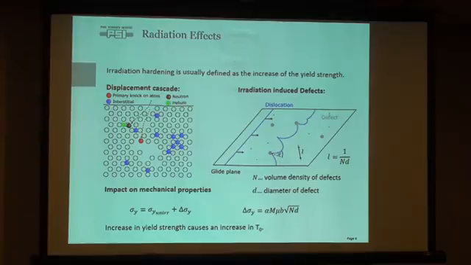If you approach a defect, the dislocation will be pinned at this defect and it's going to bow out, and you have to increase the stress until you reach a critical angle. Then the dislocation is free to move again and your material has yielded. So if the volume density of defects increases, which is the case for irradiation, you will increase the yield stress, and this has an impact on the ductile to brittle transition temperature.